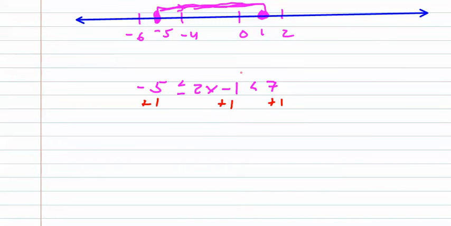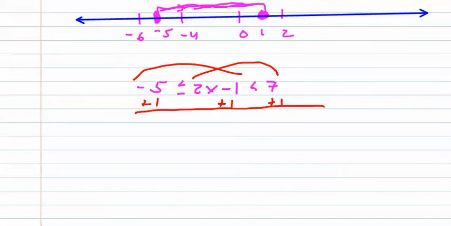You treat this as one inequality. You treat this as the other inequality. So we're adding to both sides of this one. We're adding to both sides of that one. So I end up with negative 4 less than or equal to 2x less than 8.